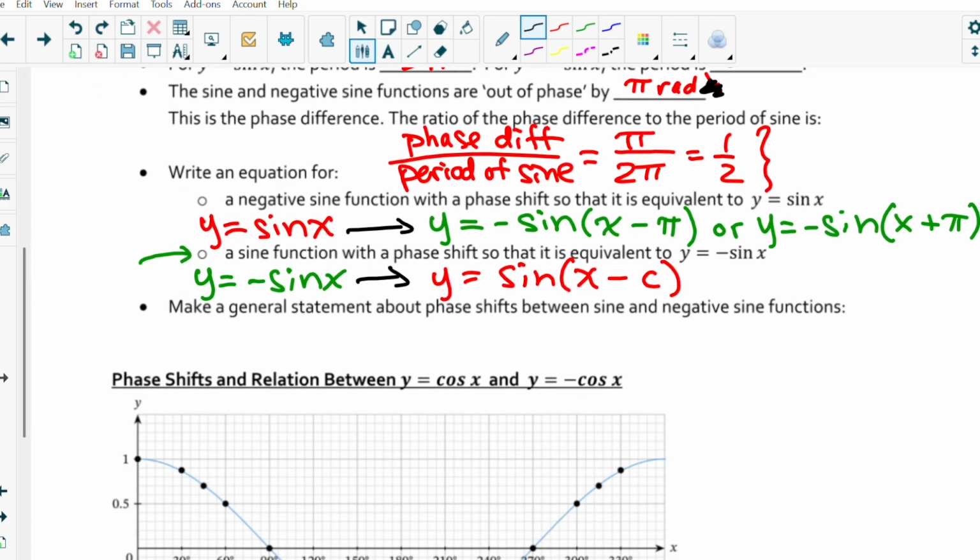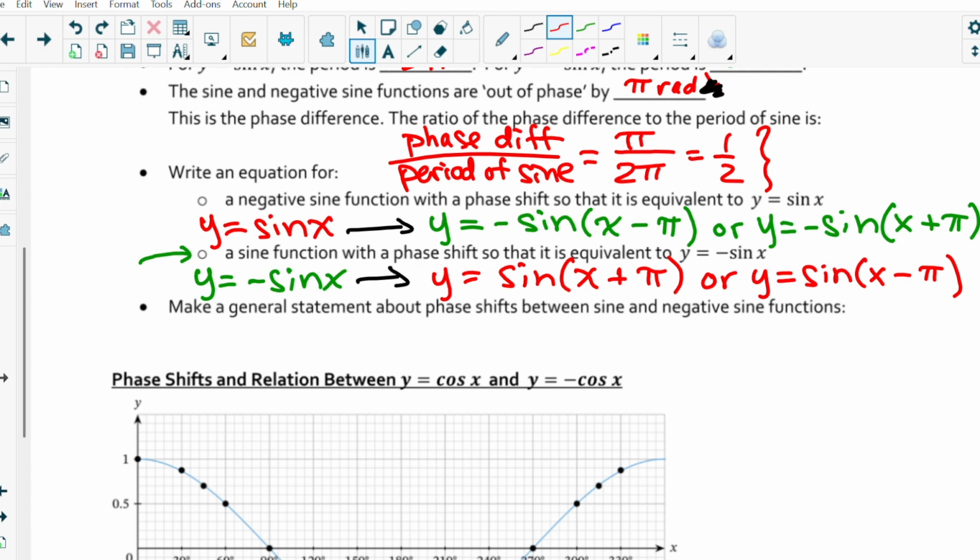We can either shift it to the left by pi radians, or we can shift it to the right by pi radians.